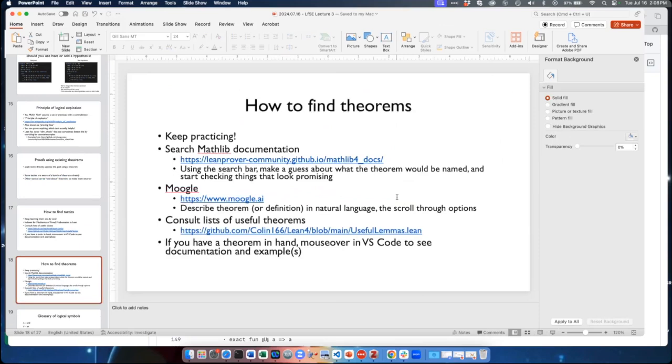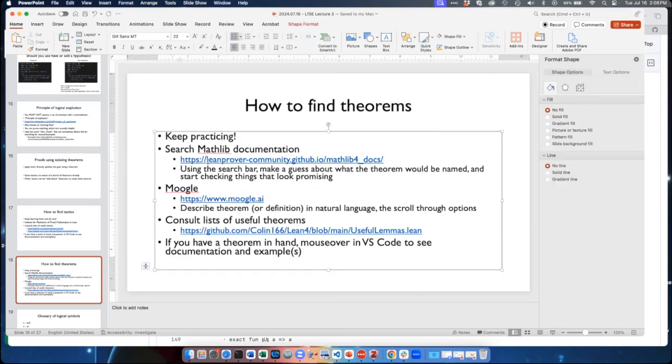The next one is how to find theorems. And again, it's keep practicing. Here, the main suggestion is to search the Mathlib documentation.